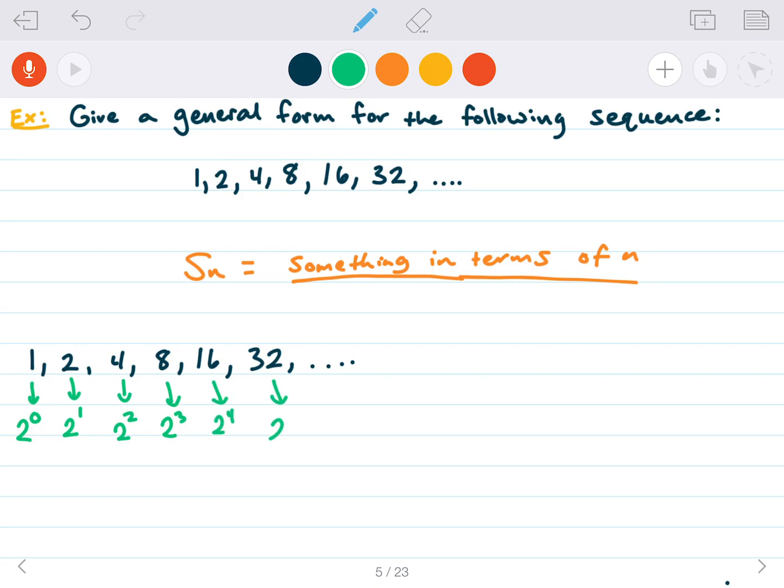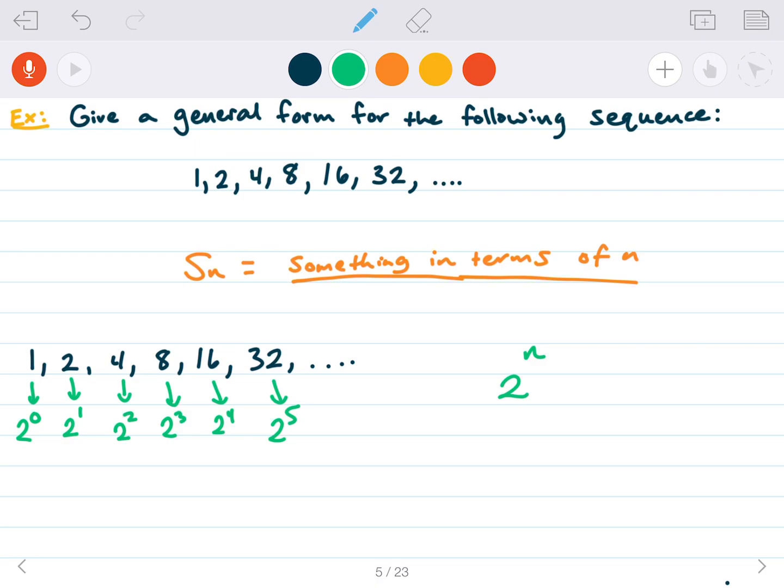So the question is, how can I write this as a rule in terms of the position of the list, in terms of n? Well, this is what I don't want to do. I don't want to do 2 to the n. Why is that? Well, because n is the position in the list.